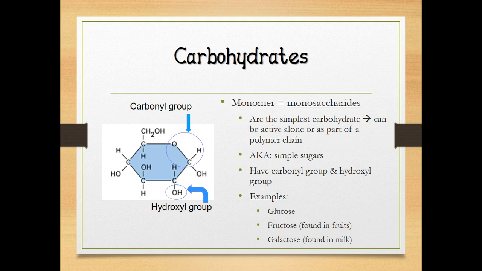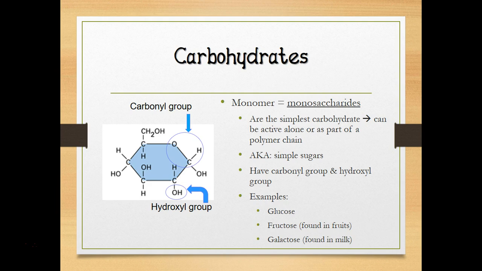You should also recognize some of the functional groups that we see in our carbohydrates, and there should be a blank spot in the picture in your notes to add these. So we've got hydroxyl groups going on here. We've also got carbonyl groups going on, and just some examples you should be aware of. Things like glucose, that's a monosaccharide. Fructose is the simple sugar found in fruits.